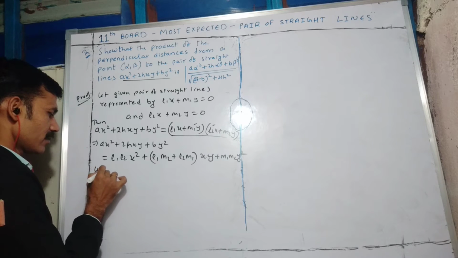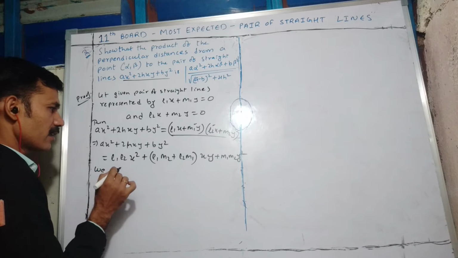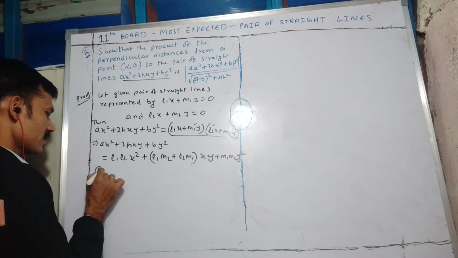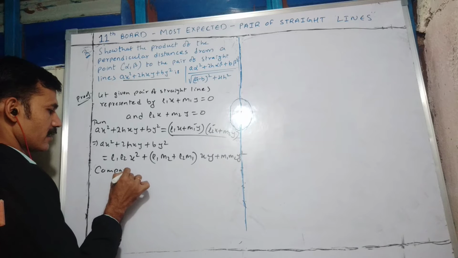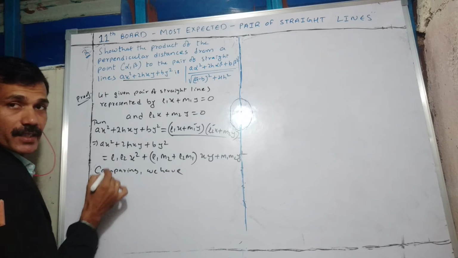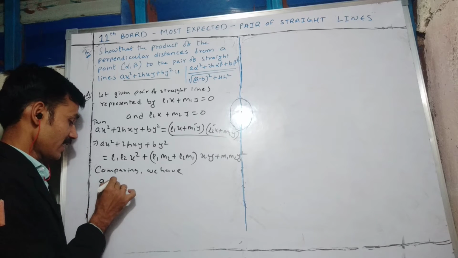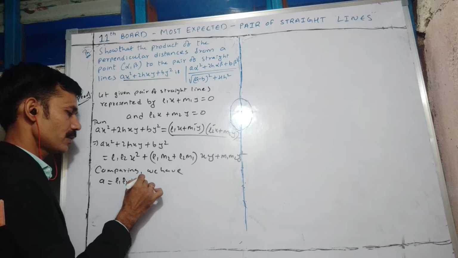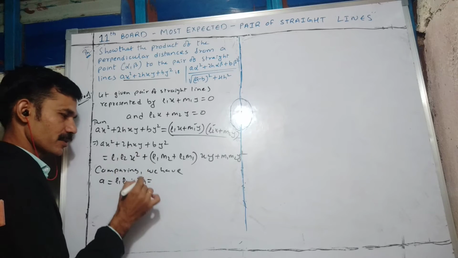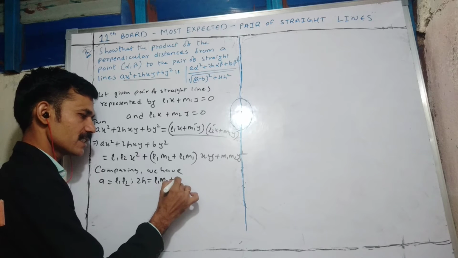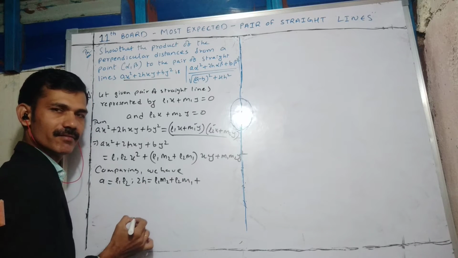Now we have, comparing the coefficients, we have coefficient of x square, that is a is L1 times L2, and 2h, the xy coefficient, is L1 M2 plus L2 M1.